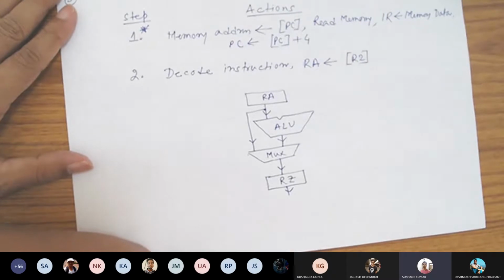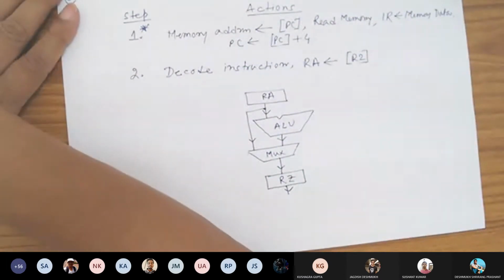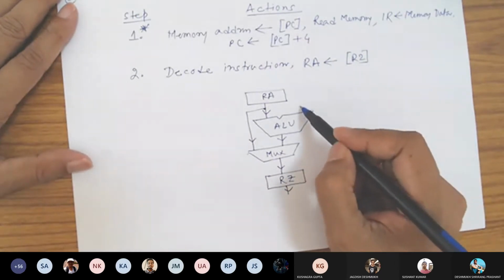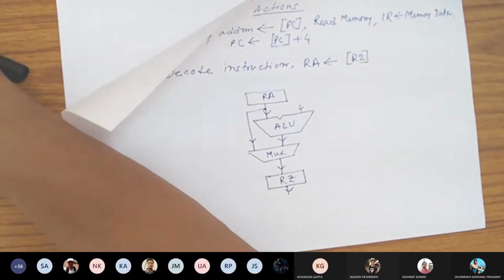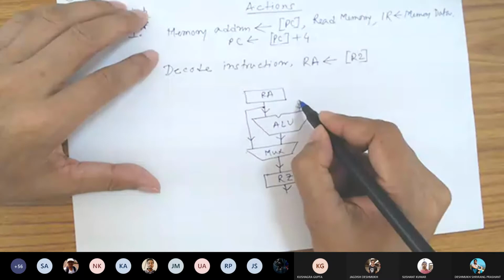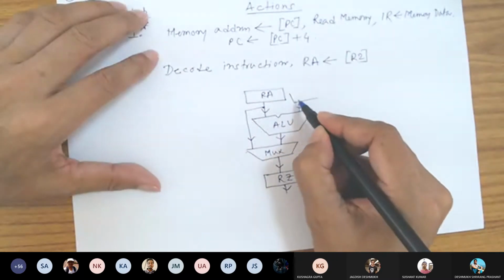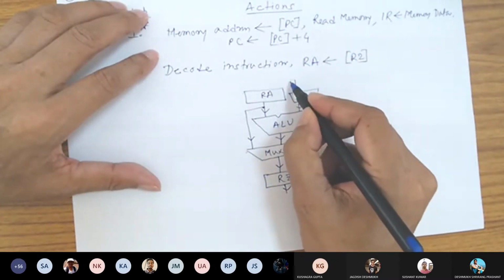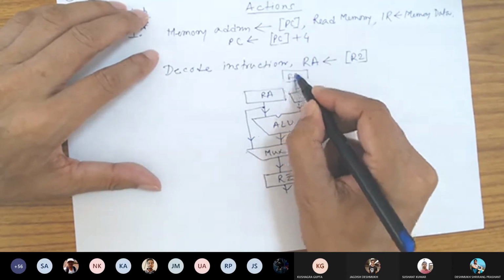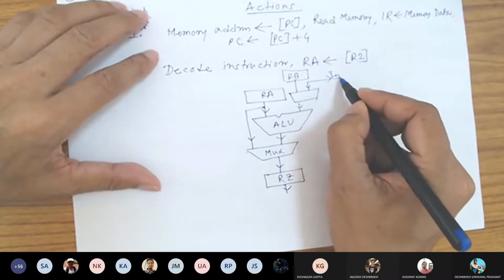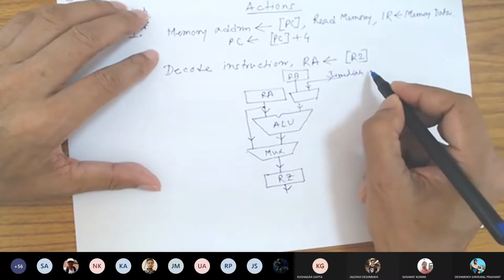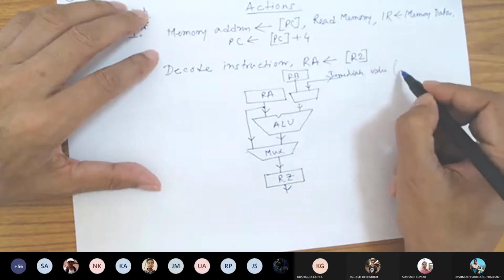The other one, like Sushant was suggesting, is that you can give an immediate value here, this line, which is 0. That is also possible. Usually this multiplexer has 2 lines. One is RB, another one is immediate, from the instruction.